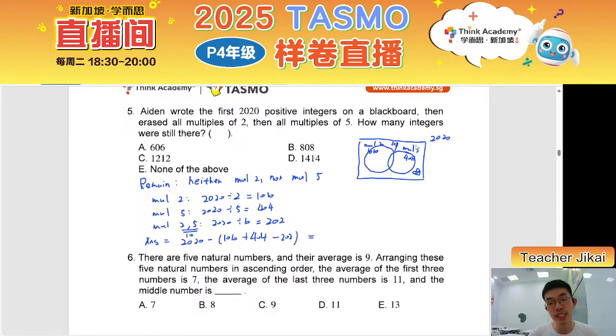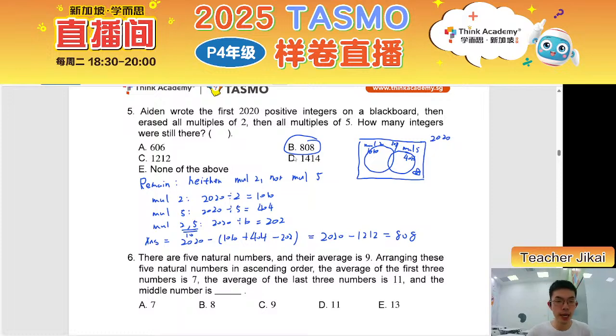This is all the things inside the multiple of 2 and multiple of 5 sets. So you will see it is 2020, we minus 1212, right? 1212. So the answer here is 808. So which part is it? The B here will be the correct answer, right?